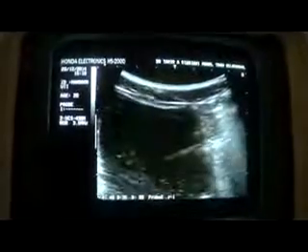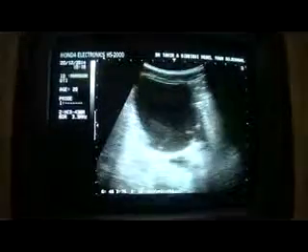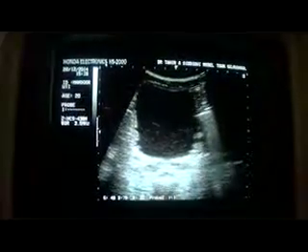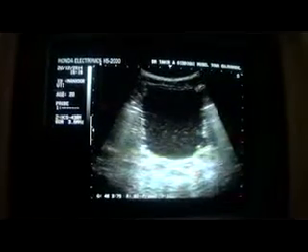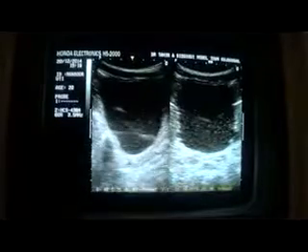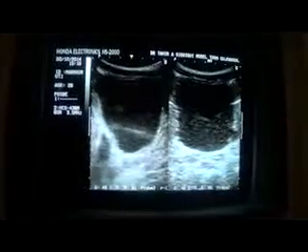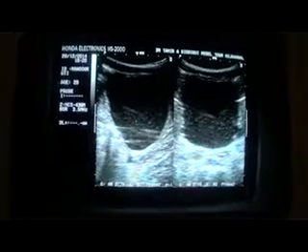Come down to the pelvis. Now this is a post-micturition bladder. I had tried to get her bladder empty twice, but this is the post-void residual volume as it is in front of us, and you can see there is a lot of debris.